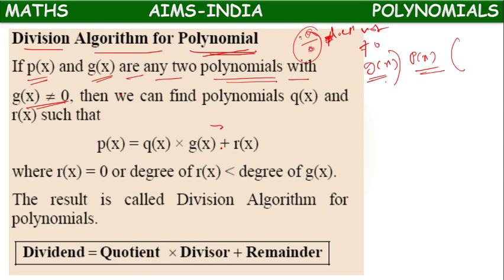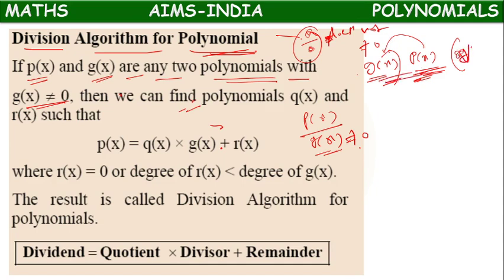So in the numerator, let us assume p of x is there, and in the denominator, g of x, which is not equal to 0. Then in this condition, if we divide p of x by g of x, we can find two more polynomials.